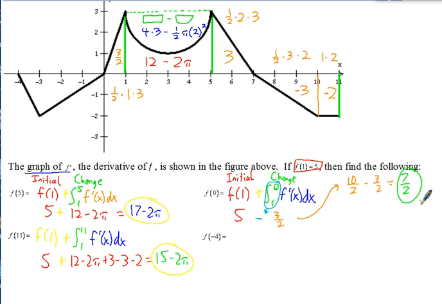Now let's take a look at f of negative 4. Well, we can still use the initial f of 1 plus the change, or do the integral from 1 to negative 4 of f prime of x. So f of 1 is 5. Again, though, notice these are in the wrong order, right? They're not in standard order. The negative 4 should be here, the 1 should be there, so you can just flip it.